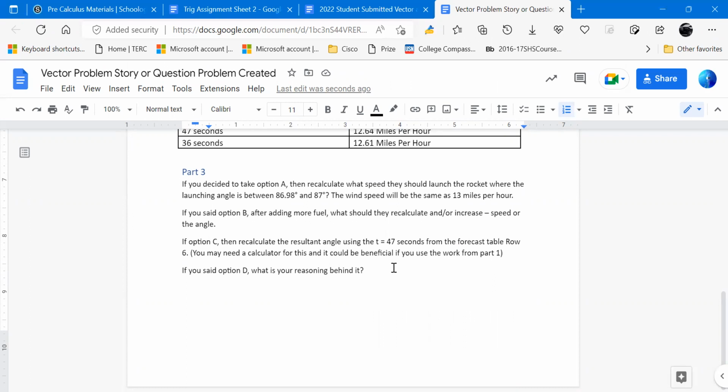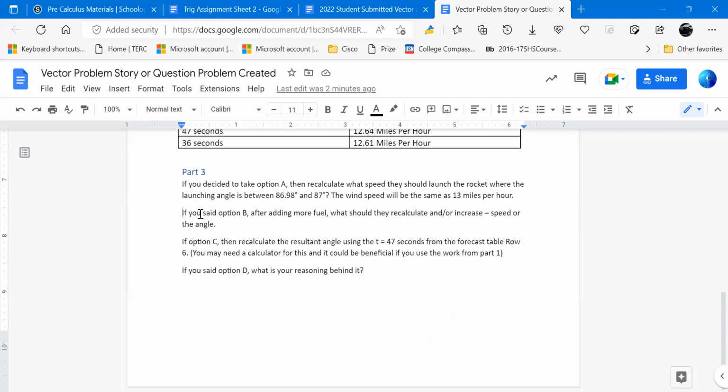So basically, if you said option D, you would say something like, since we are under the backup radar, we can postpone the launch for 5 to 10 minutes, and then we can wait more and add more fuel if you want to, and use more fuel while you are lifting off. That could be a good reasoning, probably.